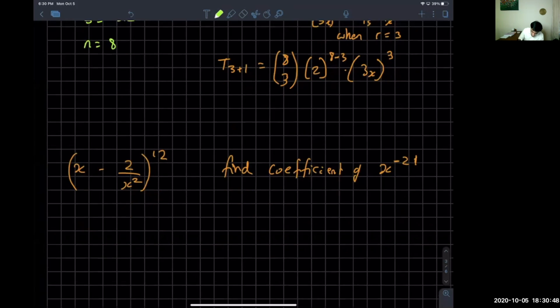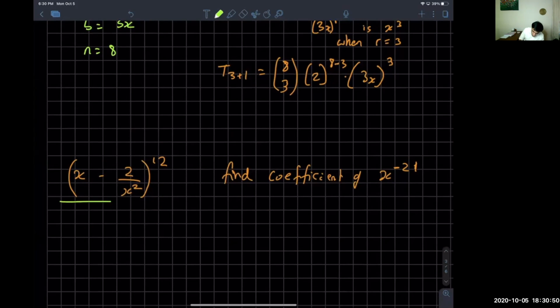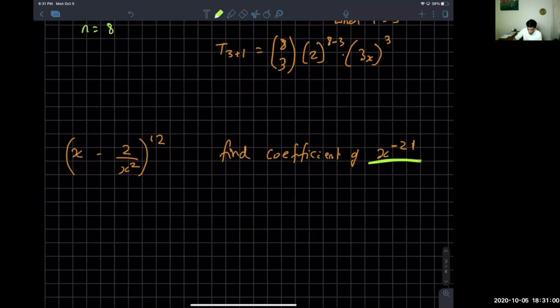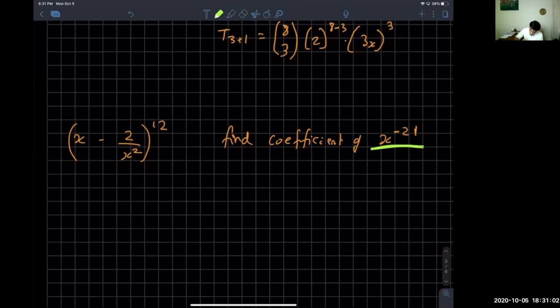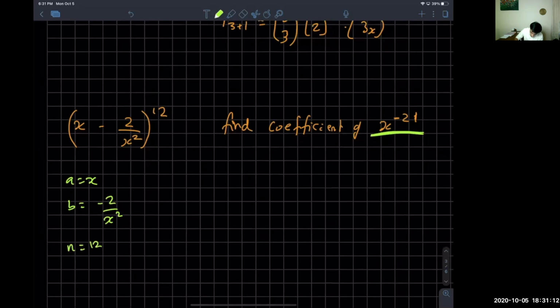So the next complication is one expansion, but two values of x, okay? So again, in this, we're looking for the power of x to the power negative 21, okay? So very interesting, negative 21. So let's start with the same thing, general term. So a is equal to x, b is negative 2 over x squared, right? Don't forget the negative. N is equal to 12, right?